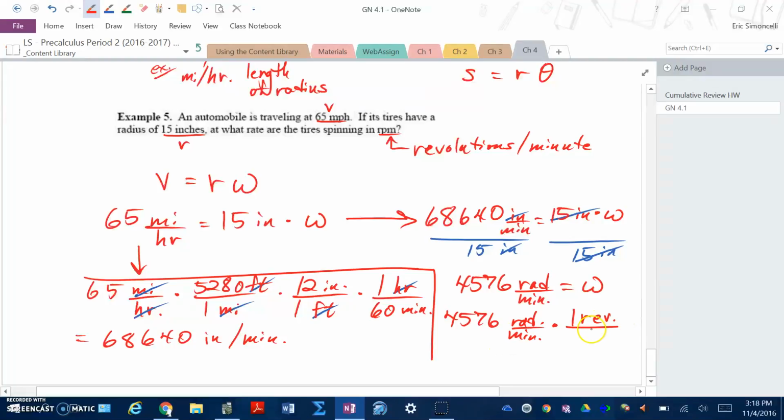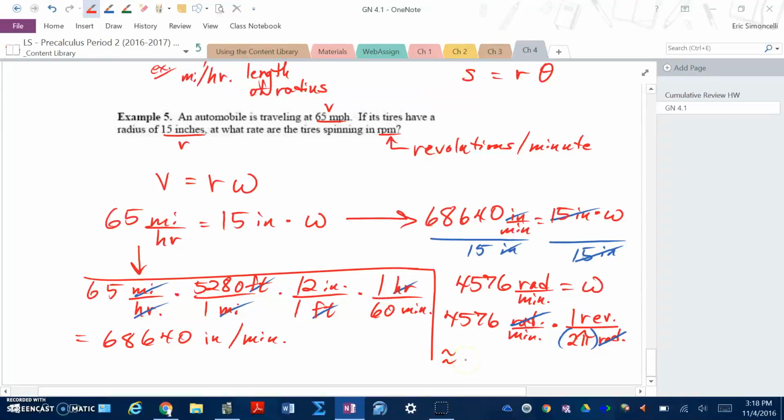Now that's great, but my radians have to cancel somehow, so we need to think about how many radians are in 1 revolution. If we remember from the beginning, there are 2 pi radians in 1 revolution. Nicely enough, my units are going to cancel. The very, very important thing here to do, or to add on to this, is to put 2 pi in parentheses. I'll show you the difference between parentheses and no parentheses.